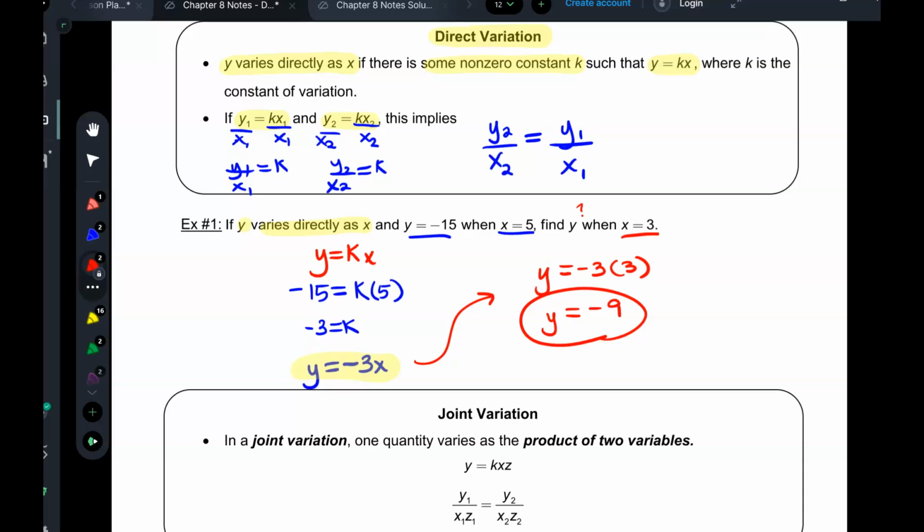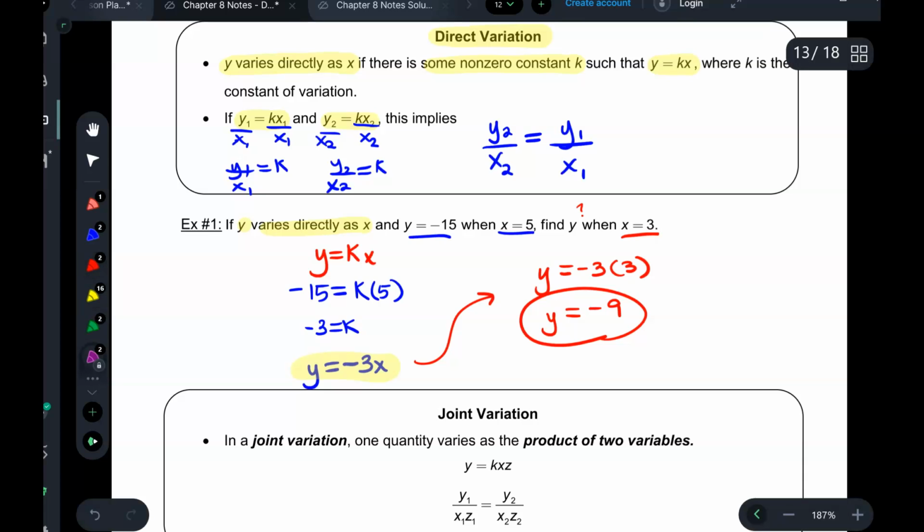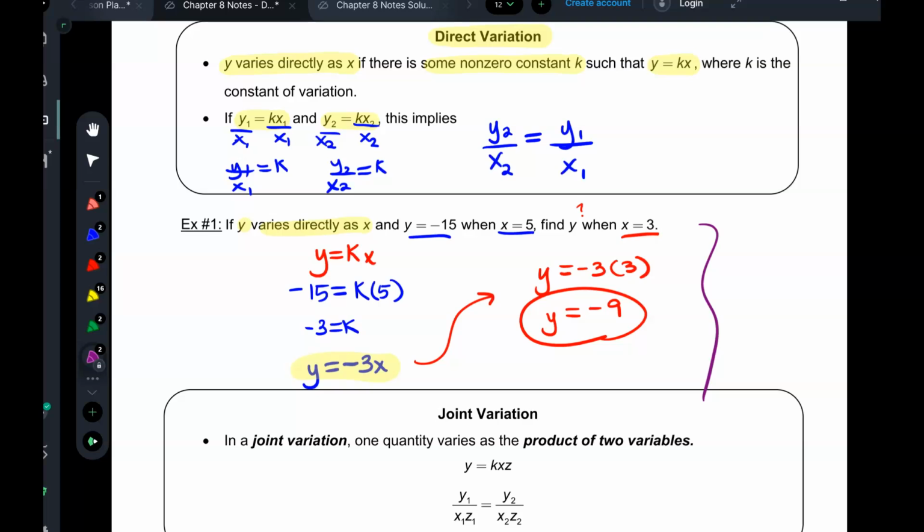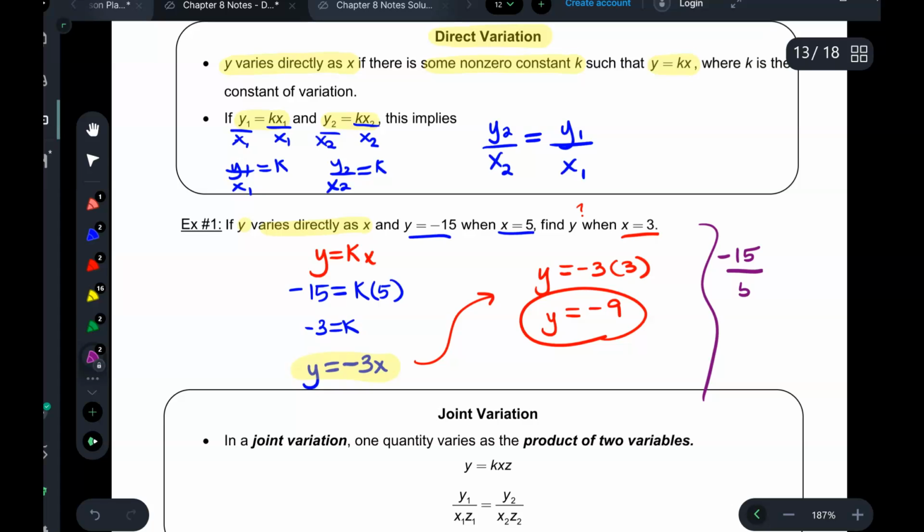Now, if you want, we can do it with the proportion. That's my way. So if I just do negative 15 over 5, that has to be equal to y over 3.